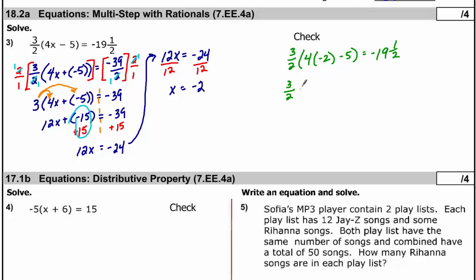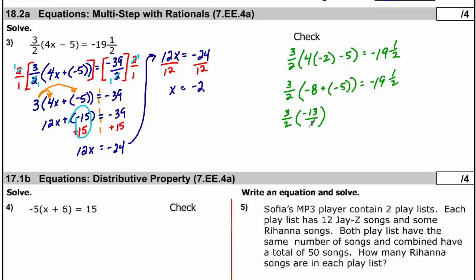So we have 3 over 2, 4 times negative 2, negative 8. Now I'm going to make this plus negative 5 because it's just easier for me to see, equals negative 19 and a half. 3 over 2 times negative 8 plus negative 5 is negative 13.